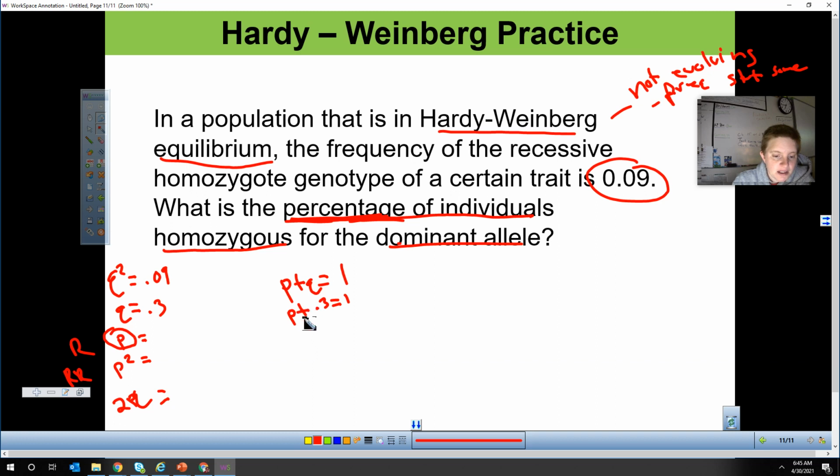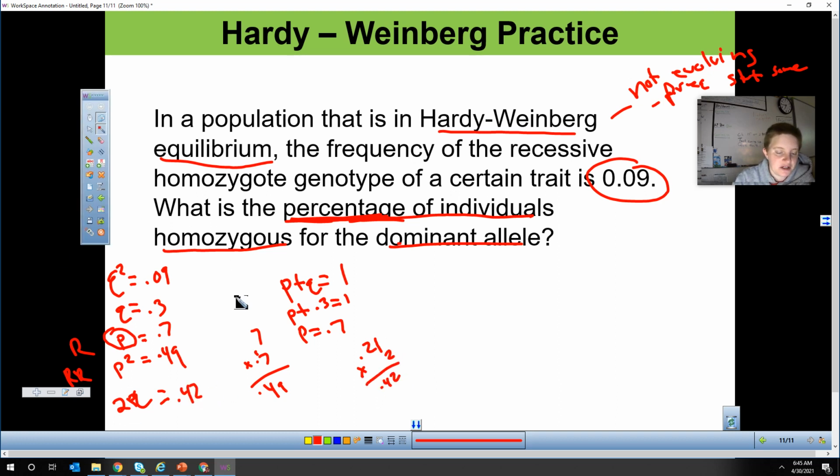So we just have to solve for that, and P equals 0.7. And then P squared is just going to be 0.7 times 0.7, which is 0.49. And then we could do 2 times P times Q. 0.3 times 0.7 is 0.21, times 2 is 0.42.